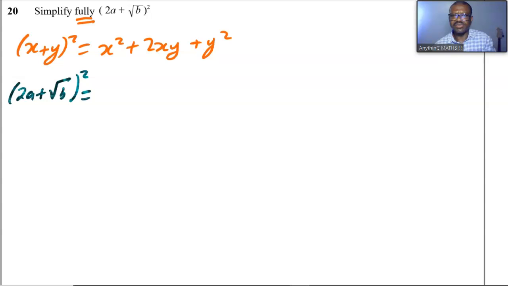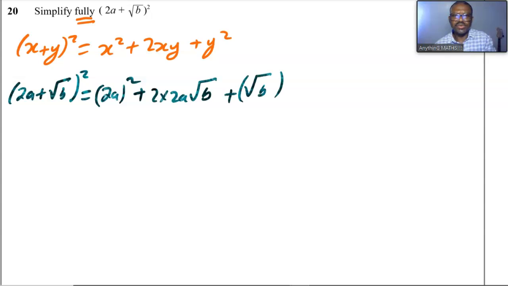Our x is 2a, so 2a all squared plus 2 times 2a root b plus root b all squared. We're going to have 4a squared plus 4a root b plus b, not b squared.